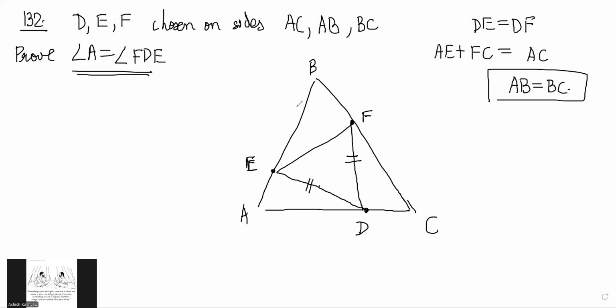Right now we know DE is equal to DF, and AE plus FC is equal to AC. This part and this part are adding up to AC.